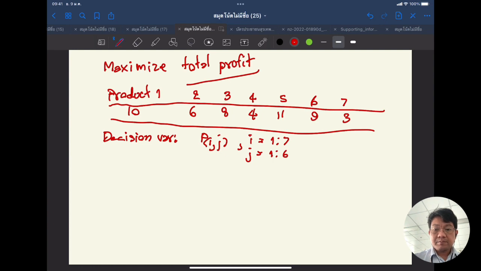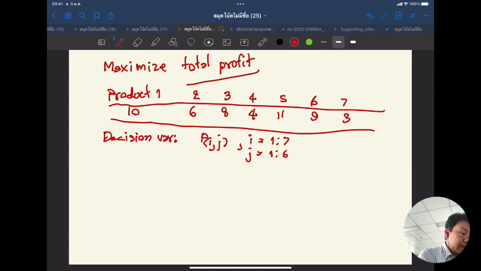We can keep some of them in the storage, and then sell it in February, March, April, May, or June. Product 2 through 7 are all the same. Also, if we produce some product in February, of course we cannot sell it in January, but we can sell it in February, March, April, May, June, whatever.